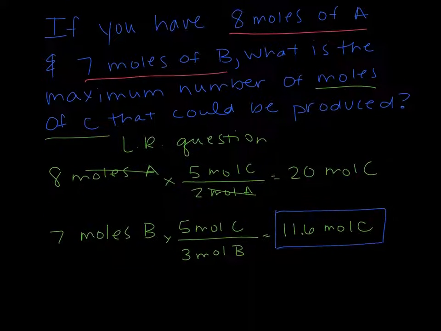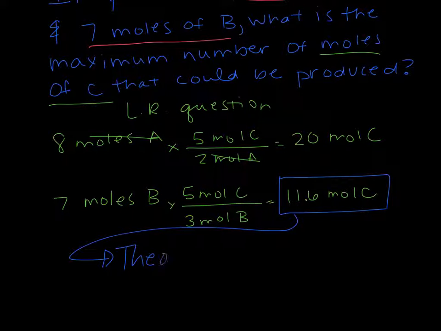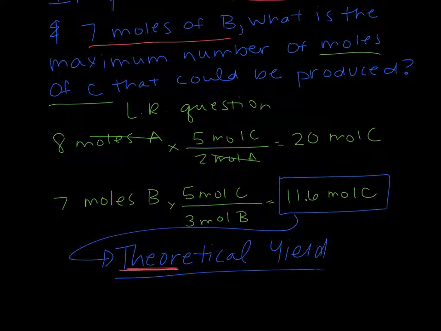All right, so this right here that I circled in blue is called your theoretical yield. And it's based in theory, and so it's what you should get in the lab.